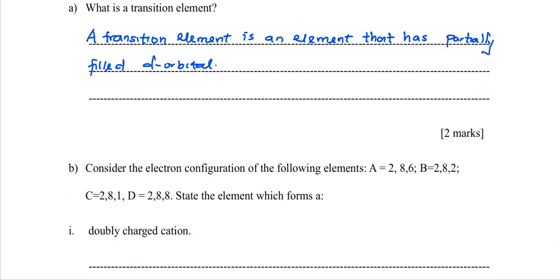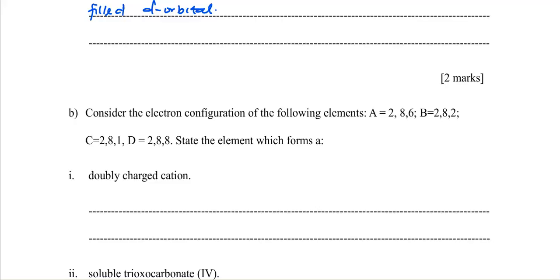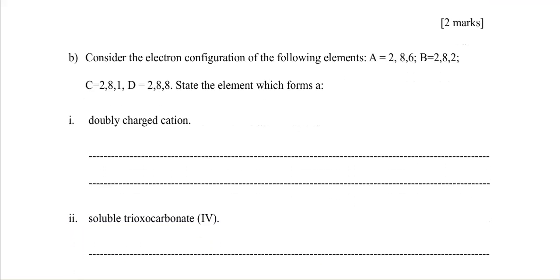The next question says, consider the electron configuration of the following elements: A with 286, B with 282, C with 281, and D with 288. State the element which forms a doubly charged cation. B with 282 will form a doubly charged cation. B forms a doubly charged cation.